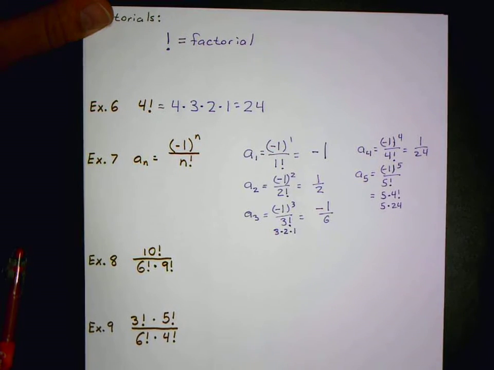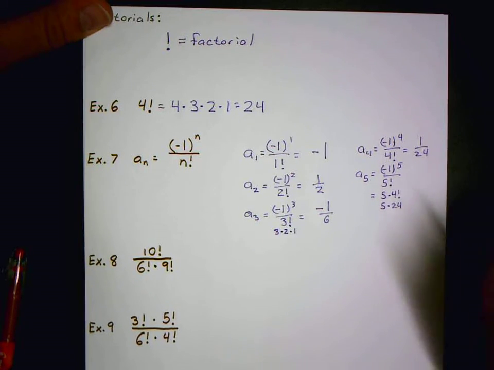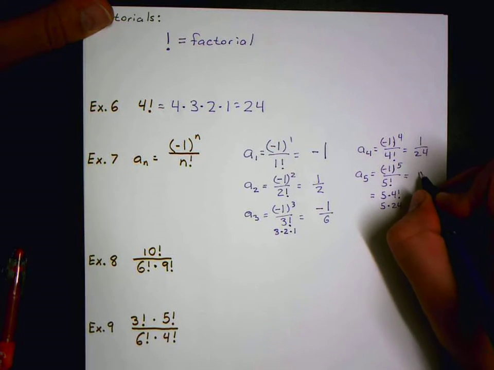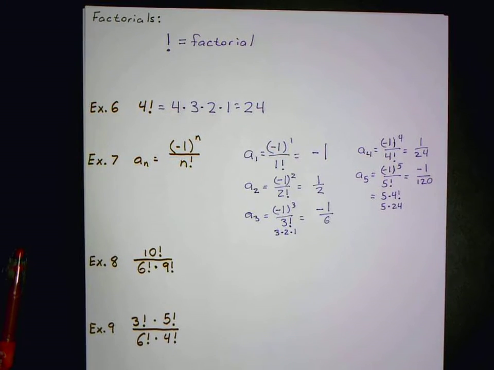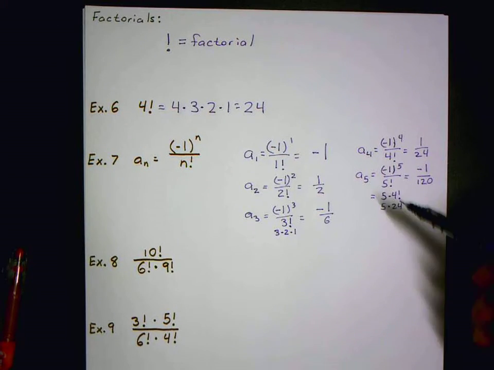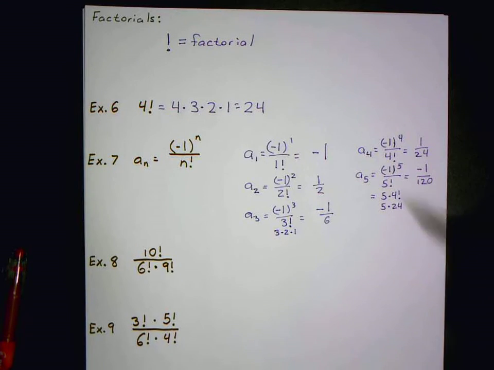So 5 times 24 is 120. I wanted to do this on purpose because this will help you with the next problems. I was being tricky and intentional, I promise.